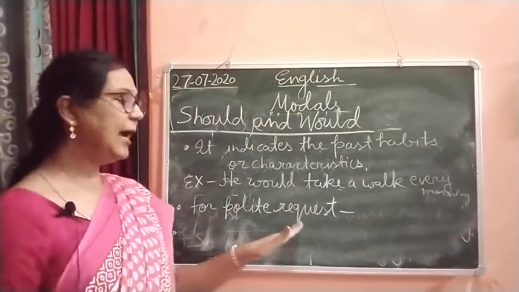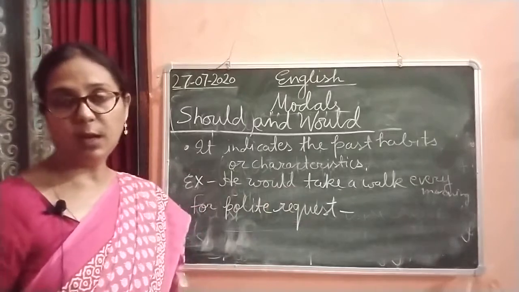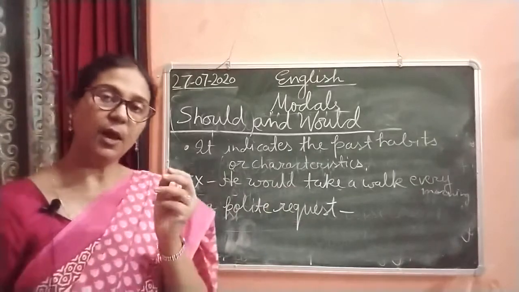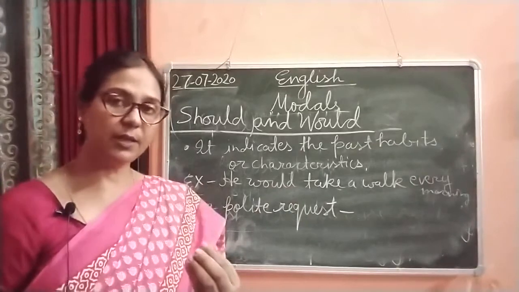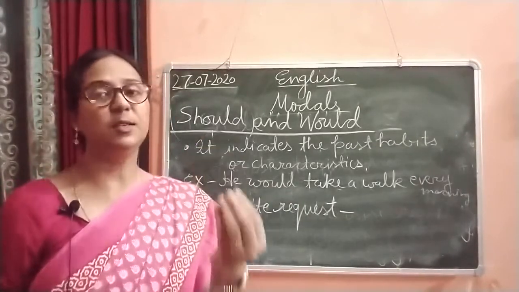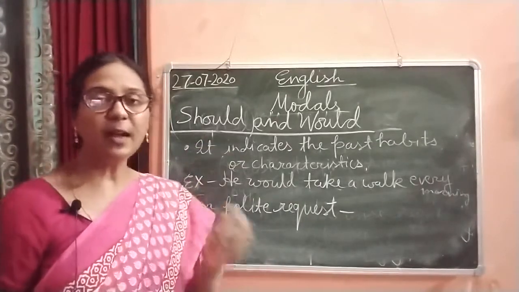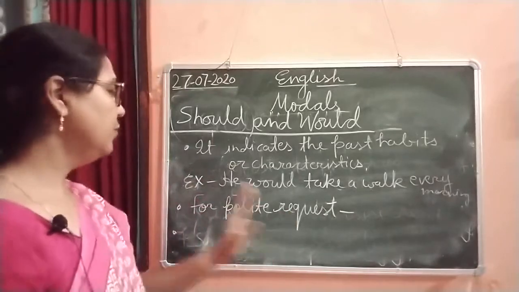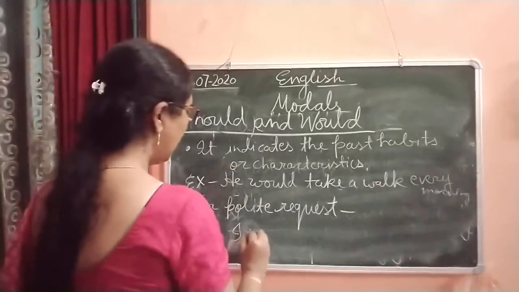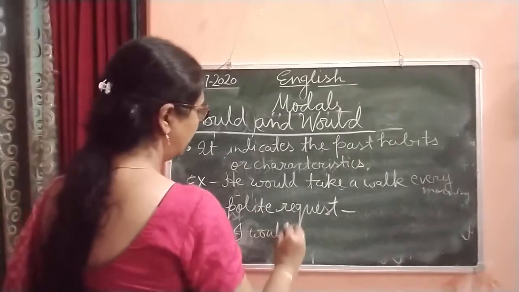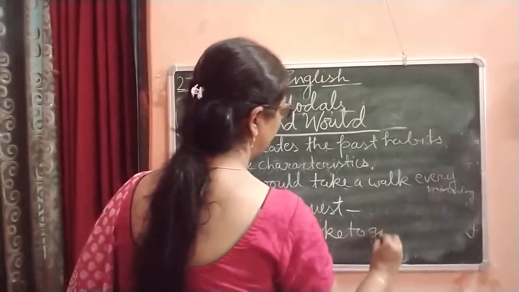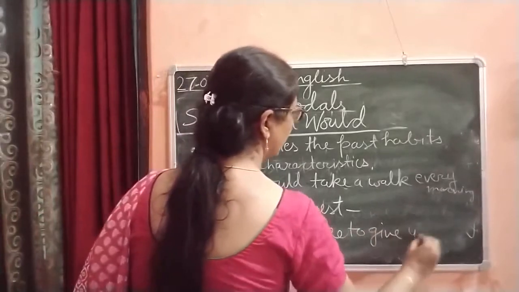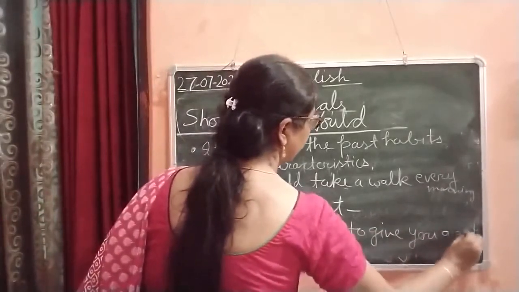Now if the polite request is there, I would like to give a speech. So this is my polite request to give a speech. So that time we are using would. I would like to give you a gift.